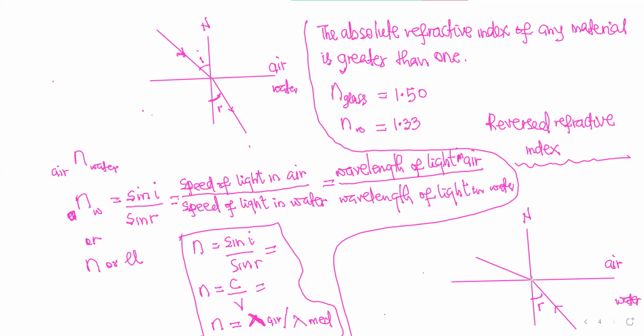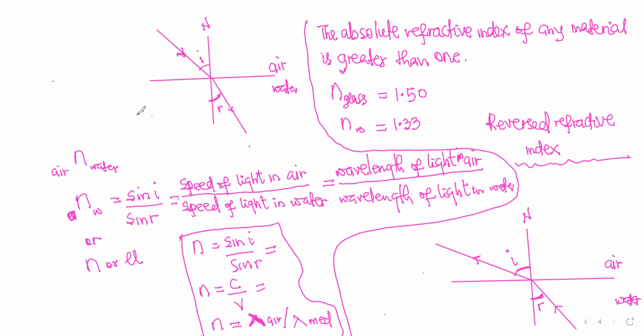Why will it bend away from the normal? Because it travels from water to a less dense medium. Exactly. So our angle of incidence R is giving us I angle of refraction.